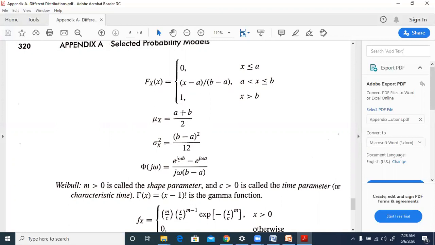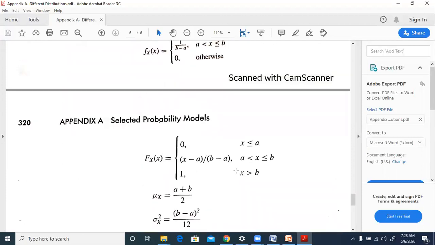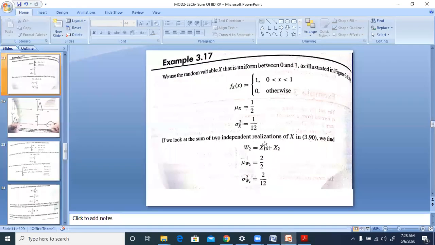So we will get (e to the power of jω minus 1) divided by jω as the characteristic function for the uniform random variable in our case.